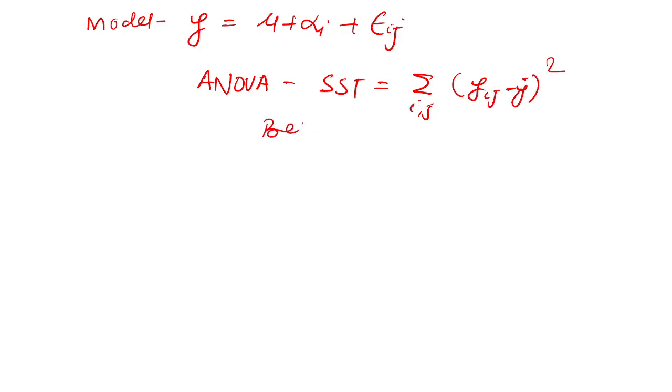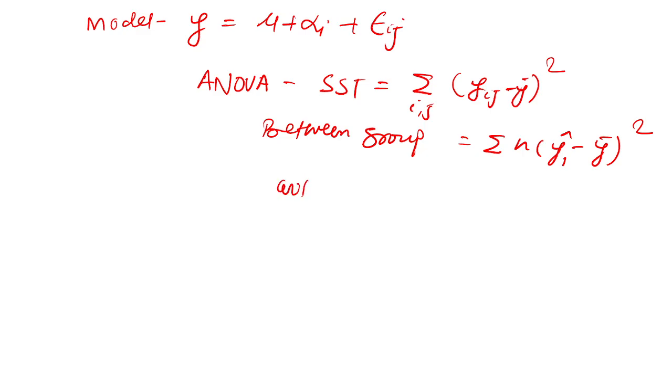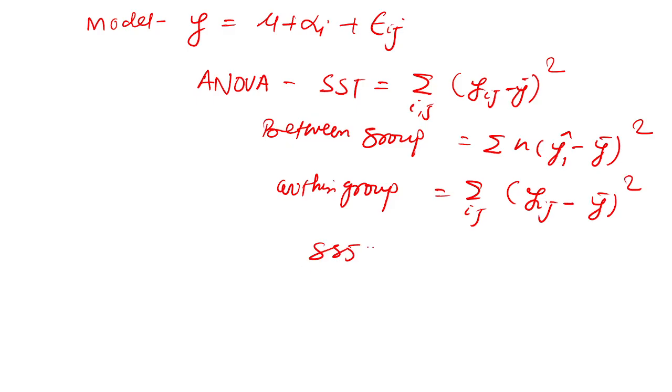Then we have the between the group, y bar i minus y bar squared, and within the group, y ij minus y bar i squared. So we know that SST is equal to SSB plus SSW. Is it?